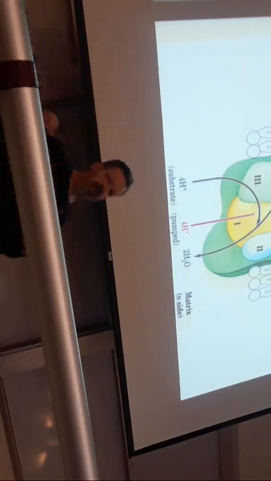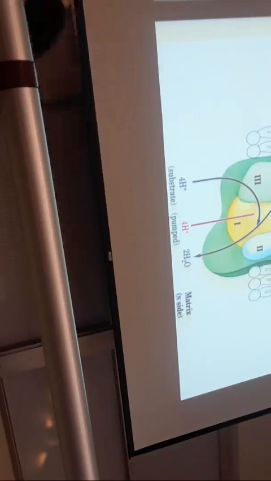So these 2 that were shown in this overview slide referred to a pair of electrons being transported in the electron transport chain. Now here, since we are talking about 4 electrons being utilized to fully reduce oxygen to water, we need 2 pairs of electrons, and for that reason it's also shown that we have a transport of a total of 4 protons across the inner mitochondrial membrane through complex 4.